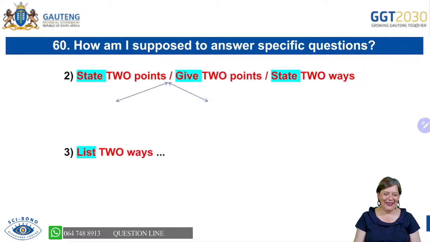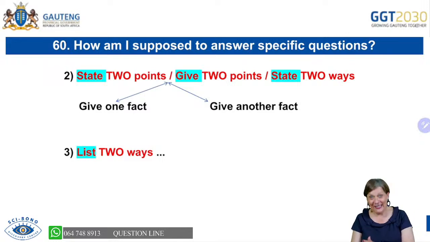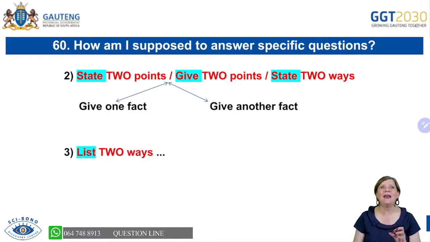Right. Another question we love asking you is to state 2 points or give 2 points or state 2 ways. When you get a question like this, it's quite clear that I want 1 fact and another. And always make sure that you write in full sentences. I want 2 very specific facts. But be careful.